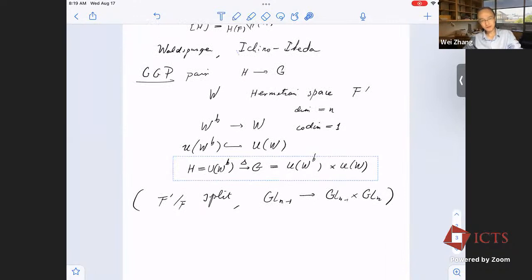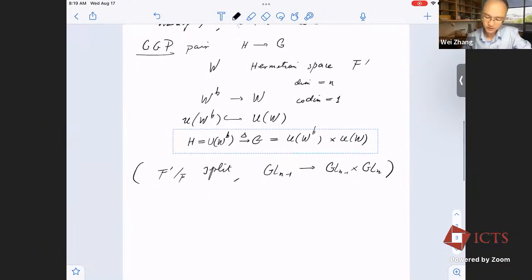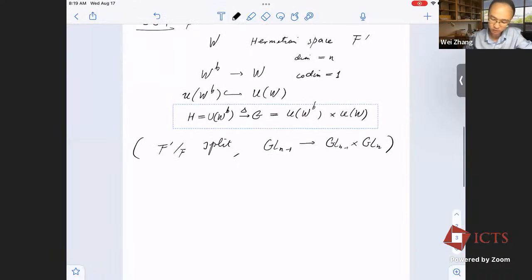In some sense, the unitary Gan-Gross-Prasad pair is a twist of the Rankin-Selberg pair, but it's an outer twist. The unitary group is an outer form of GL_n.